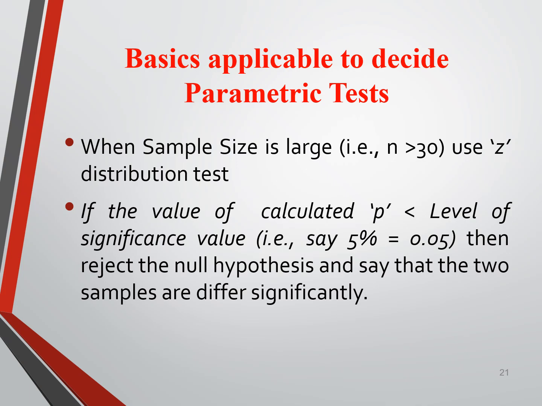It is acceptable for us because there a high level of precision is required. Yesterday I said that whenever we require a high level of precision, we should take the level of significance 1%. When we are looking for a moderate level of precision, as in social science, we normally use 5%.